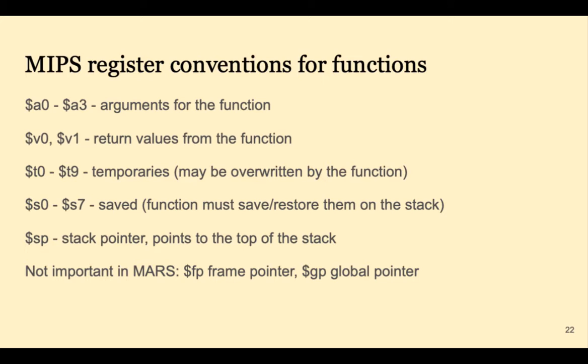In other words, a function doesn't have to worry about overriding the values in the T registers. It's the responsibility of the function code to make sure that values in S registers are preserved across the function call. It can do this by pushing them onto the stack at the top of the function. We'll learn how to use the stack and the stack pointer later. The frame pointer and global pointer are not important in our Mars IDE, so I won't discuss them now.